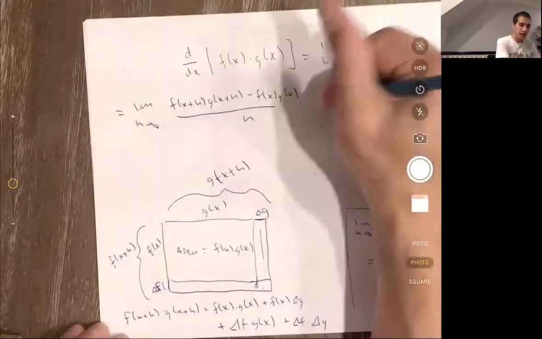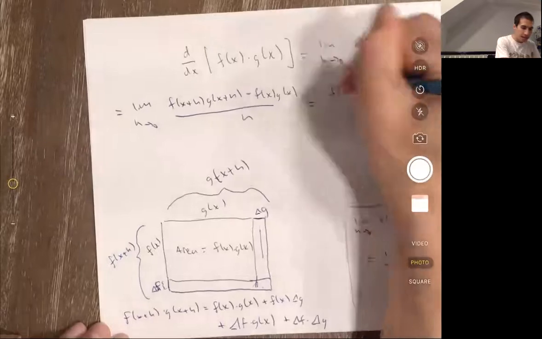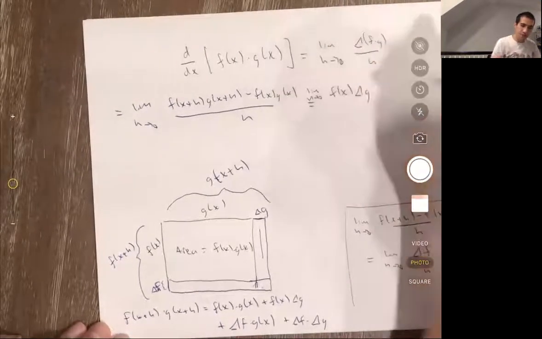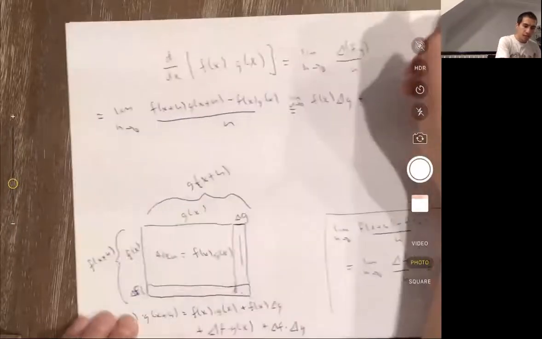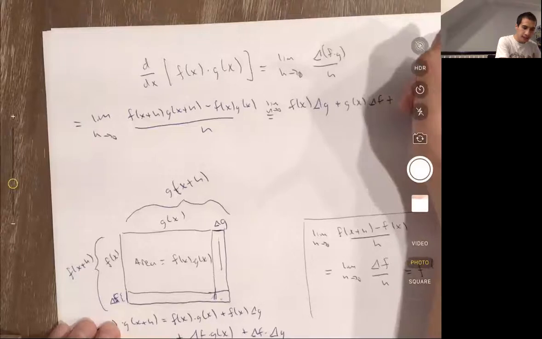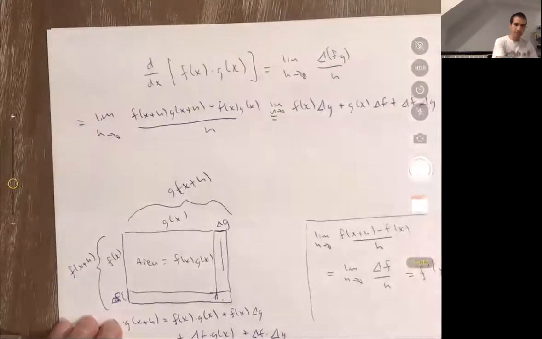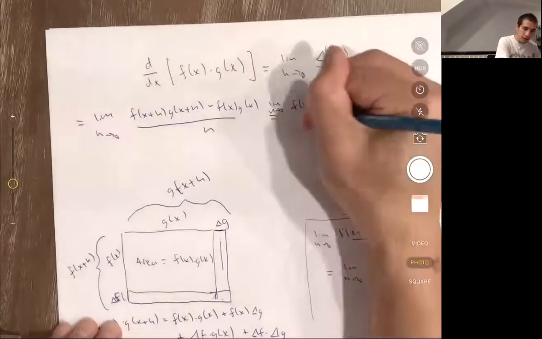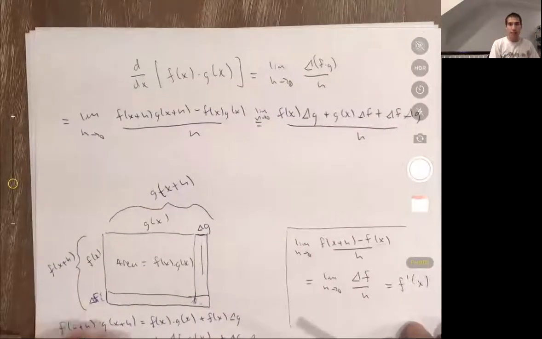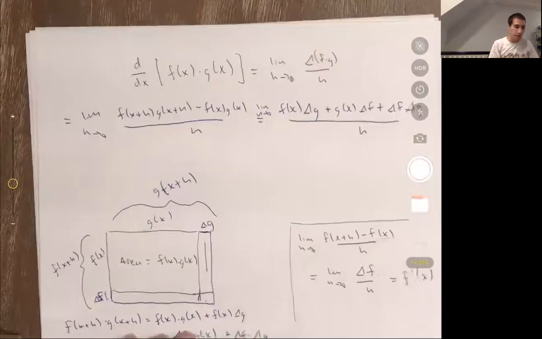So this just becomes, it's still the limit as h goes to 0, f of x times delta g plus g of x times delta f plus delta f delta g, all over h. And now I can break this into three separate limits.